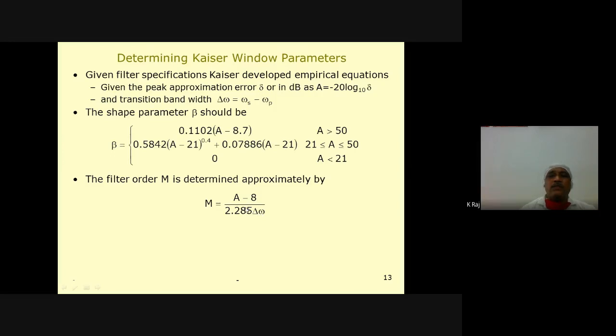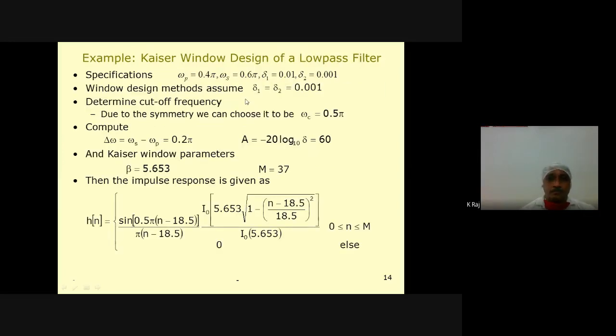So on the basis of these parameters and formulas, first we will derive the specifications, that is the pass band frequency, stop band frequency, ripples in the pass band, and ripples in the stop band. After getting these four values, we will decide the value of the ripple. Here we have decided that delta 1 and delta 2 are the same, they are equiripple, and that is considered as 0.001.